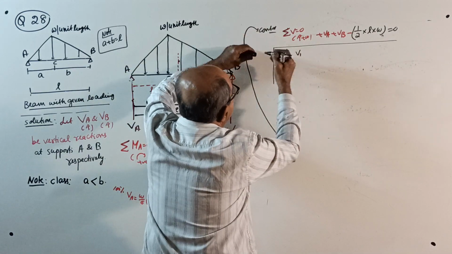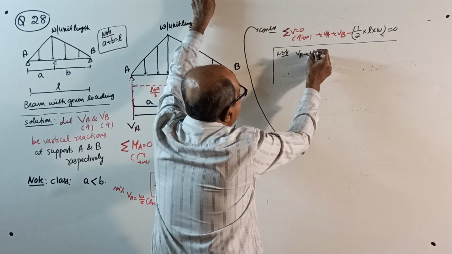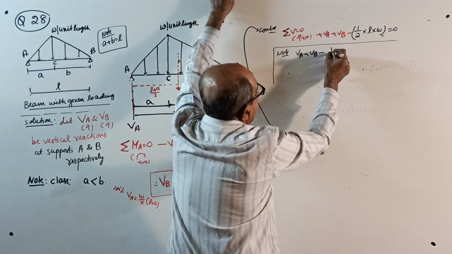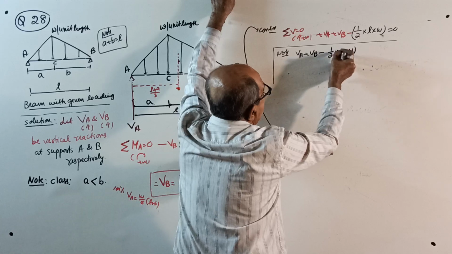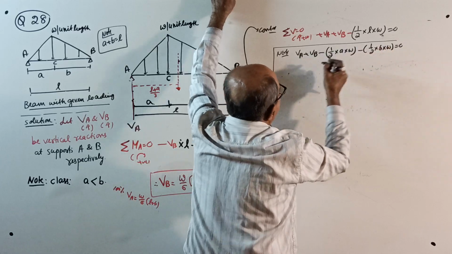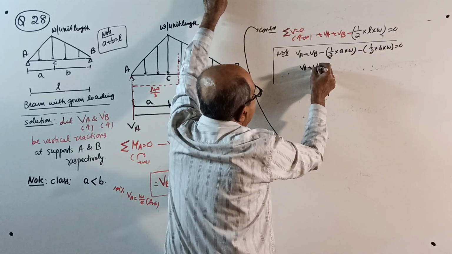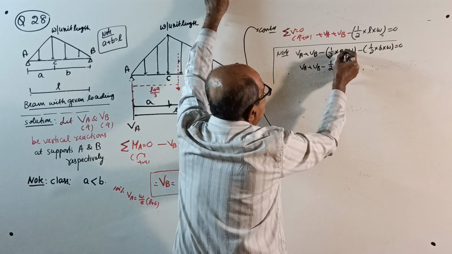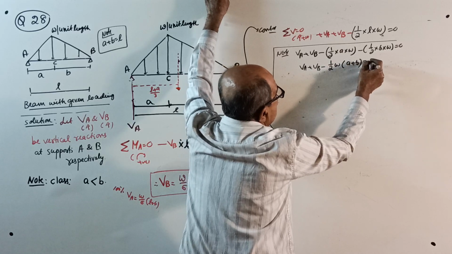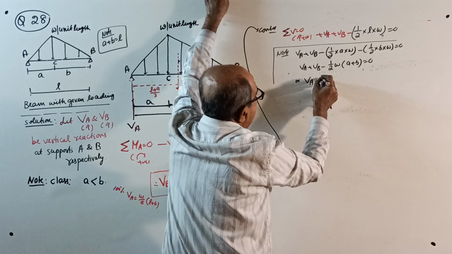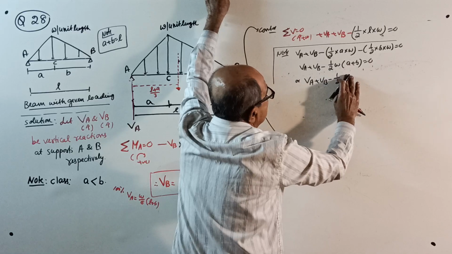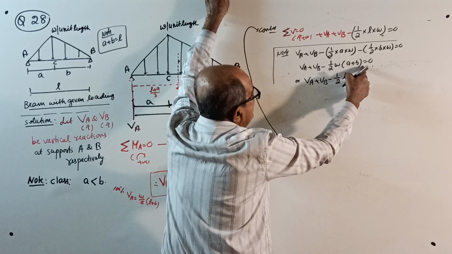You get VA, I will use black color, VA plus VB minus half into A into W, one load, again minus half into B into W equal to 0, or VA plus VB minus half into W into A plus B equal to 0, or VA plus VB minus half into L into W equal to 0.